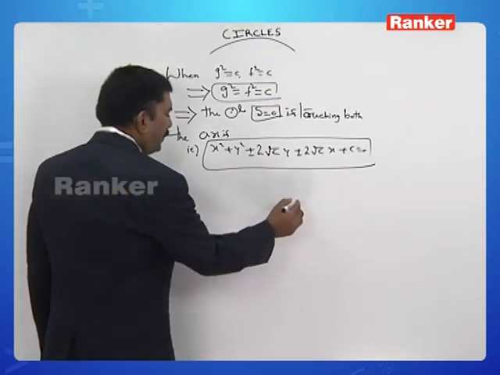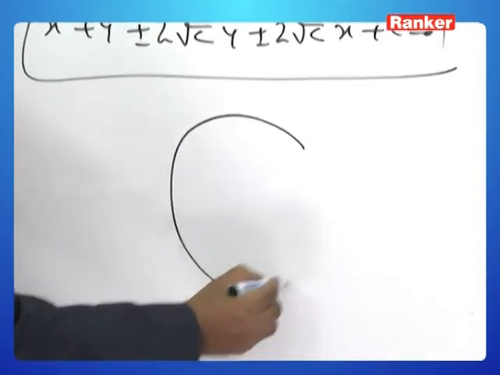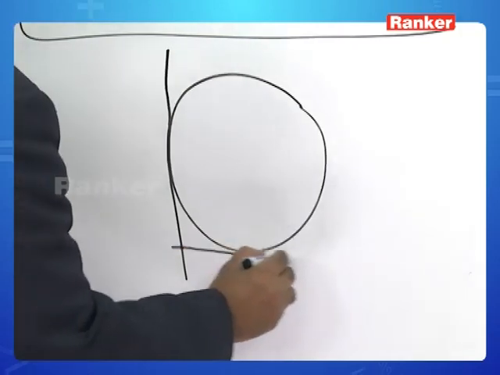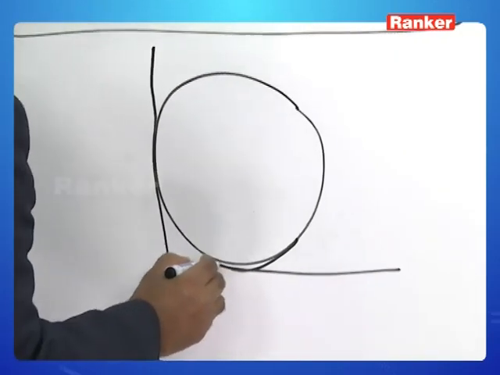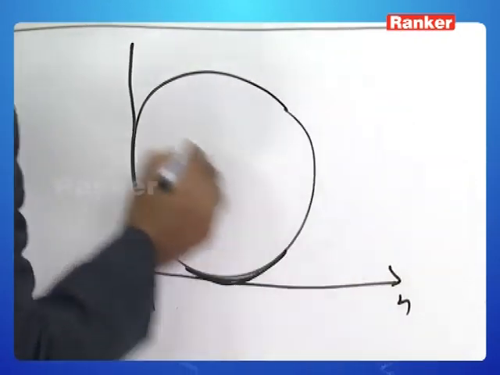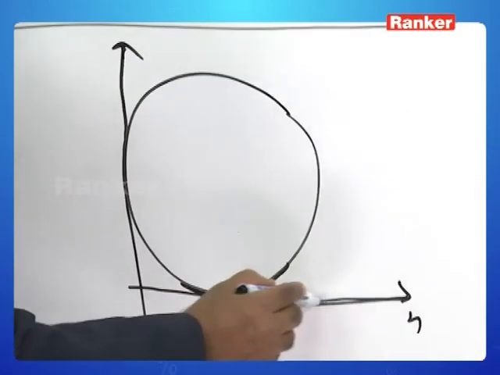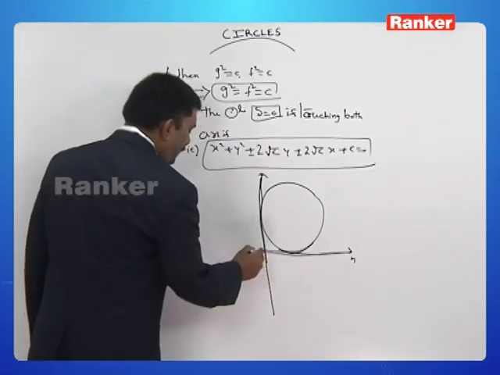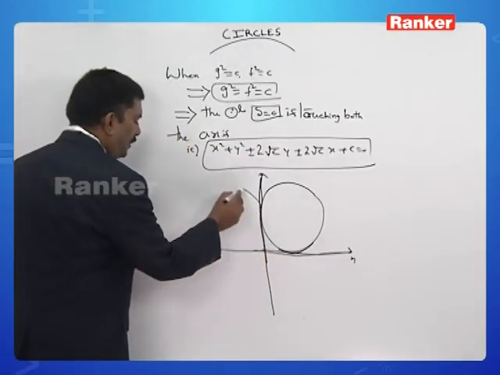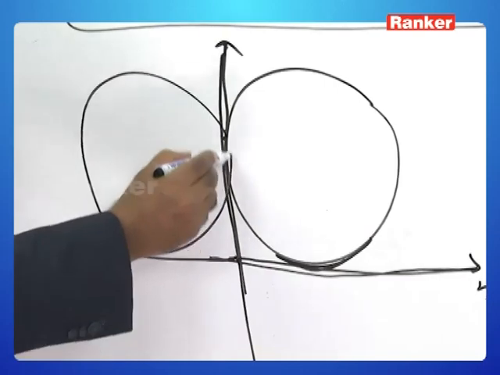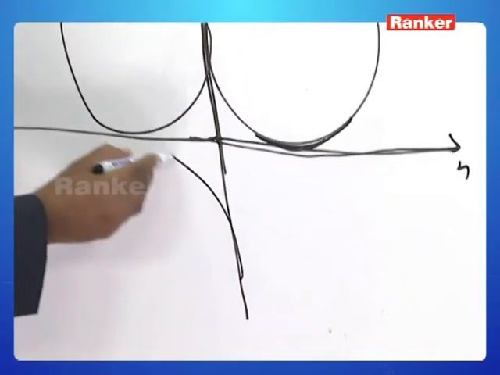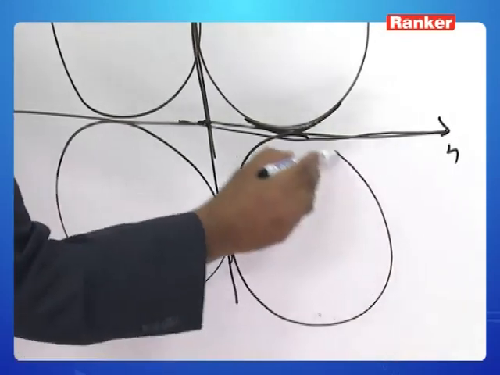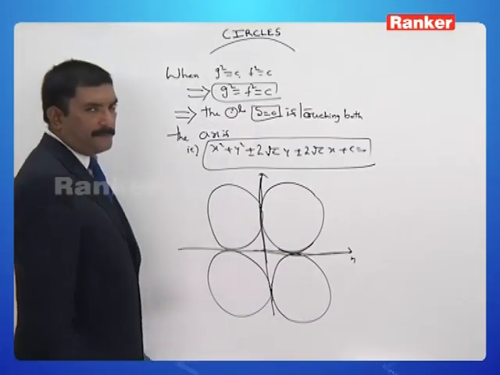So if you look at a geometrical approach, this is the y-axis, this is the x-axis. The circle may touch in the first quadrant, in the second quadrant, in the third quadrant, or in the fourth quadrant.